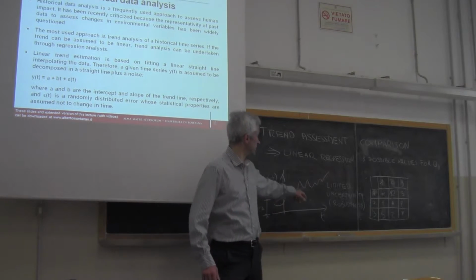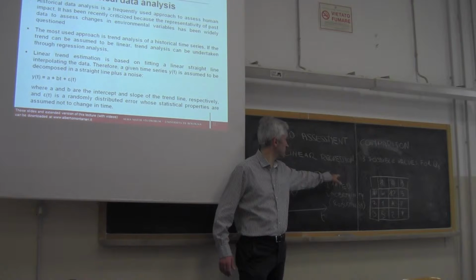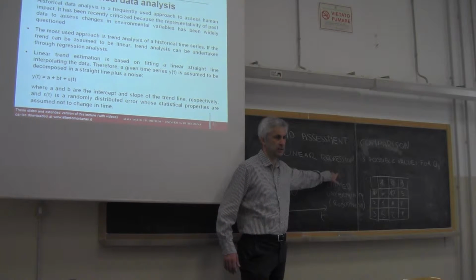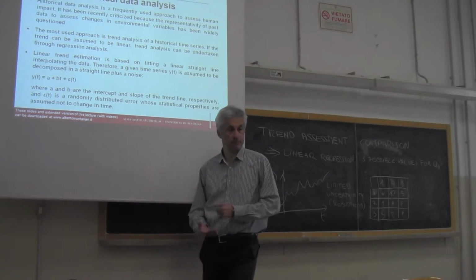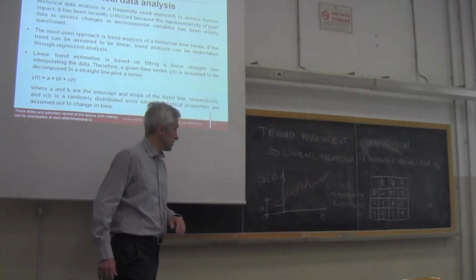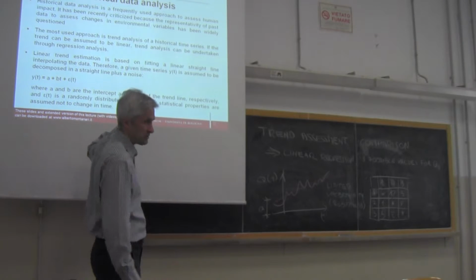The slope b is the tangent of the angle that I indicated here. So b is not the angle, it's the tangent of this angle. Okay, so you know how to estimate linear regression.